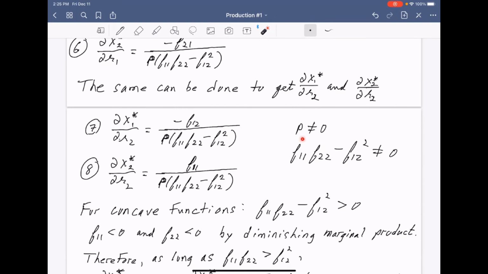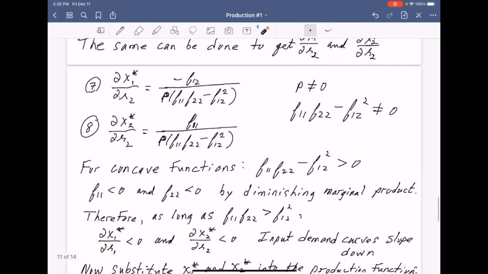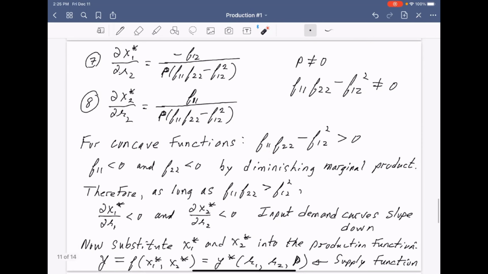Notice that the price cannot be 0 because we can't divide by 0, and F11, F22 minus F12 squared cannot equal 0. In fact, for concave functions, F11, F22 minus F12 squared has to be greater than 0. All right, because F11 is less than 0 and F22 is less than 0, so these two are both negative.